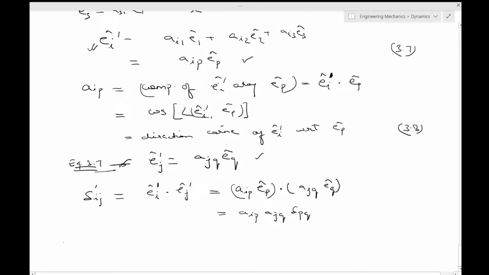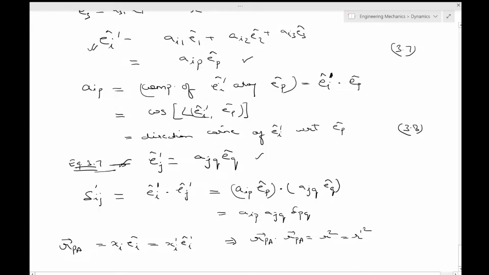Now r_PA is equal to x_i e_i hat equal to x_i dash e_i dash. This implies that r_PA dot r_PA is equal to r square. It will also be equal to r dash square.